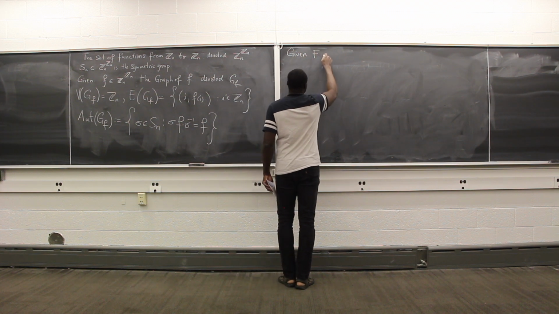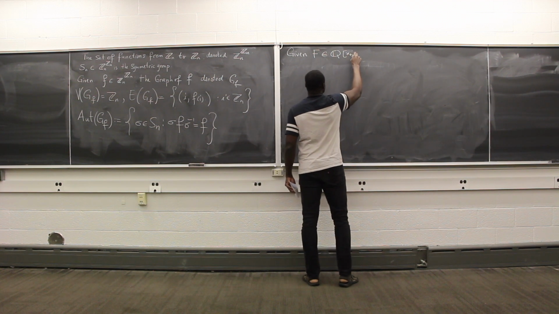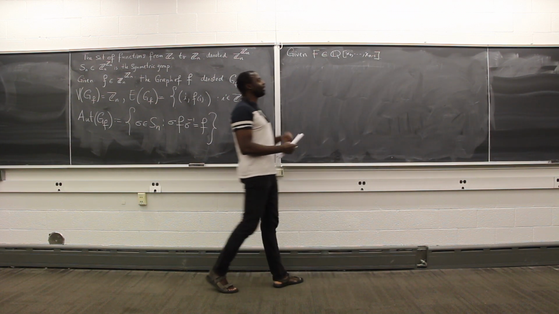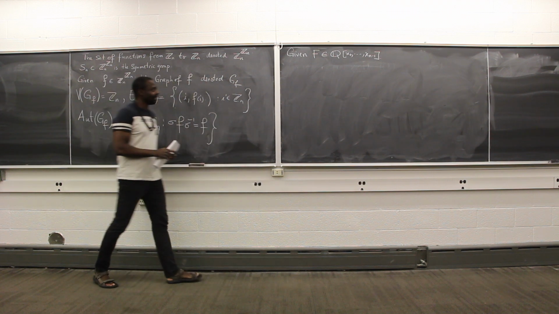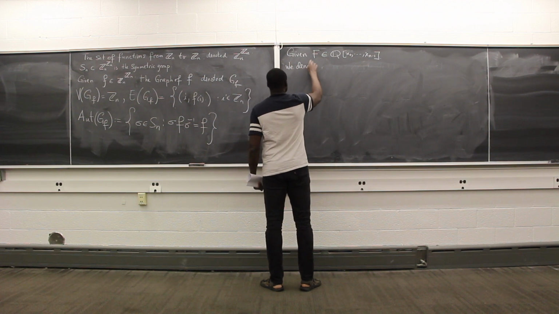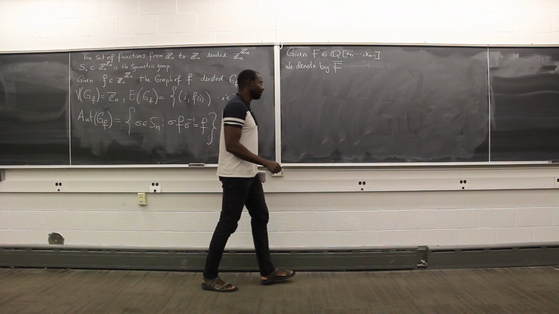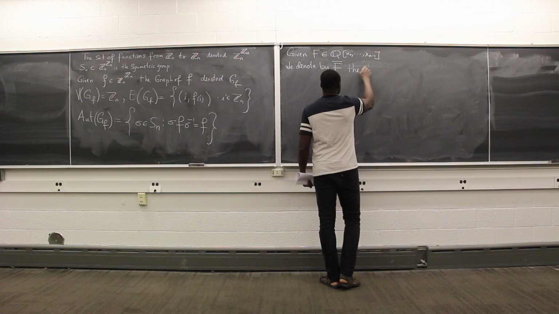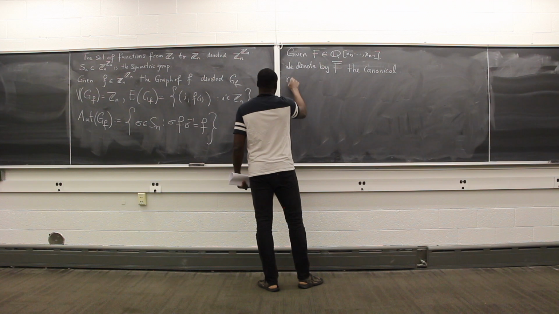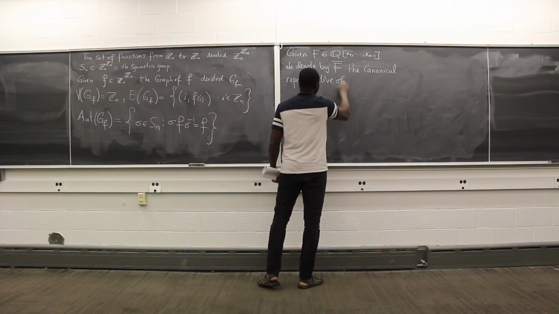Let f in Q[x0, up to xn minus 1] be given. So f is a polynomial in n variables. We denote by f bar the canonical representative of f.